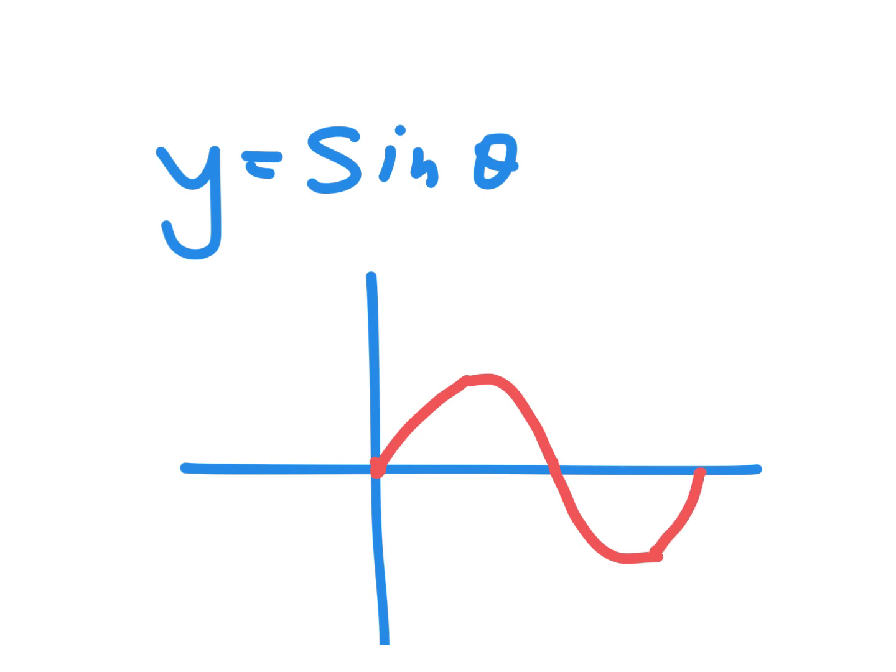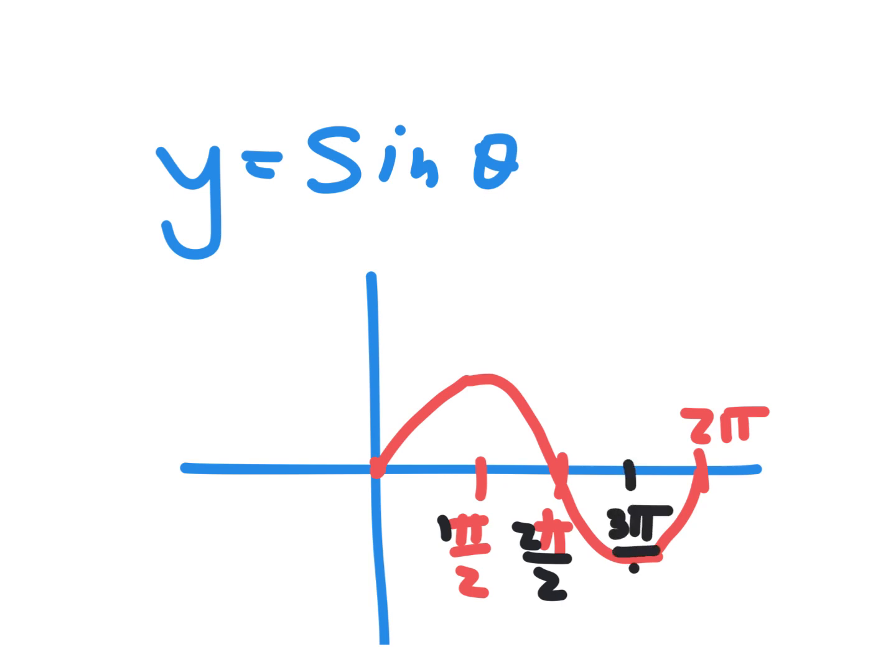And then it comes back up to here because it's completed a whole cycle, or what? Period. In math, we call it the period. And it ends at 2 pi. And this is half of that, so that's pi. And this is half of that, so it's pi over 2. And then I said count by 1 pi over 2, 2 pi over 2. And that helps you remember that spot. 3 pi over 2.